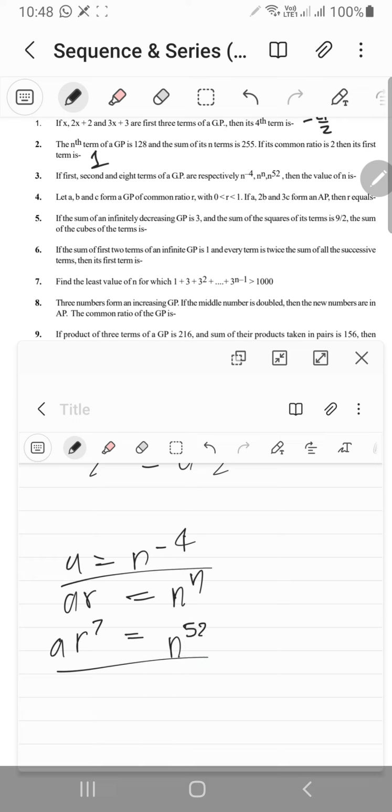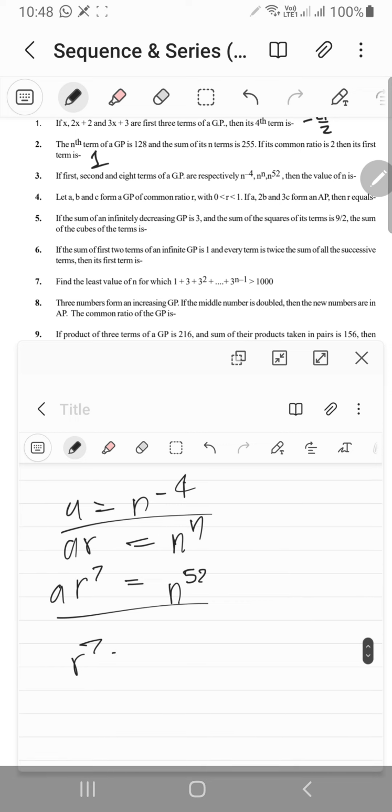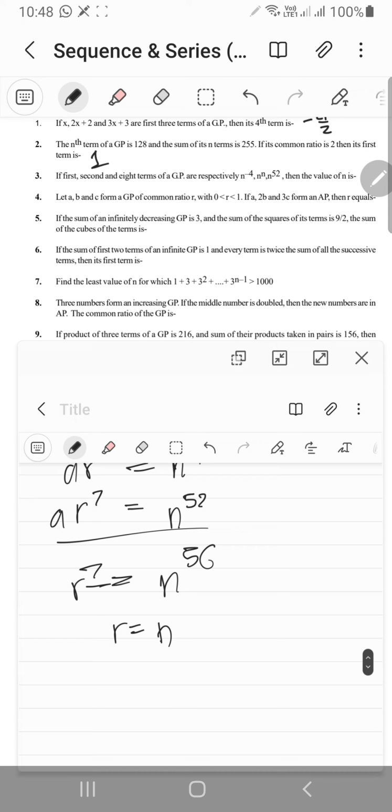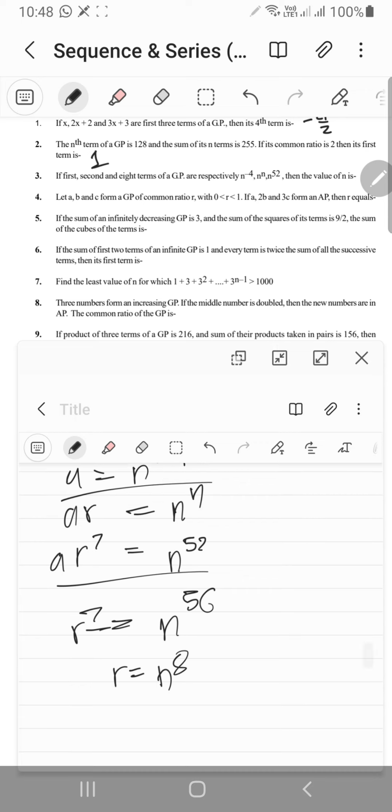From these two you can get what r is. So r power 7, that thing is just n to the power of 56. So r is, it's an odd number, so this works. It's not plus minus over there, it's just n power 8.